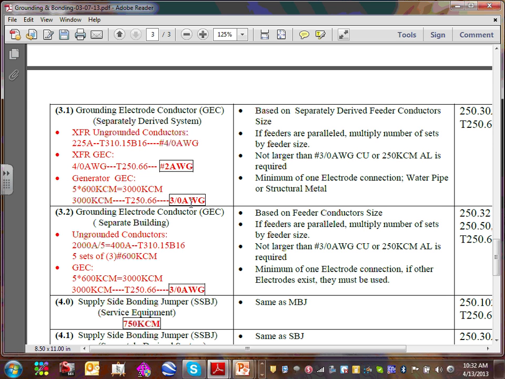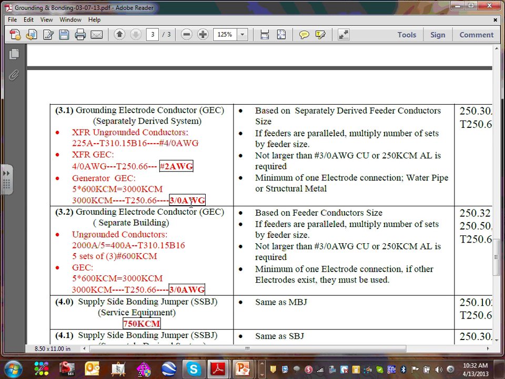There are projects that we did as engineers where we used 500 kcmil as the grounding electrode conductor. There are a lot of projects that go much higher than that. Hospitals. That's the bare minimum, so obviously the larger the better. When dealing with grounding, guys, you're talking about grounding as well as lightning.